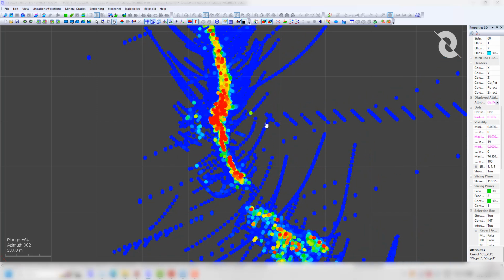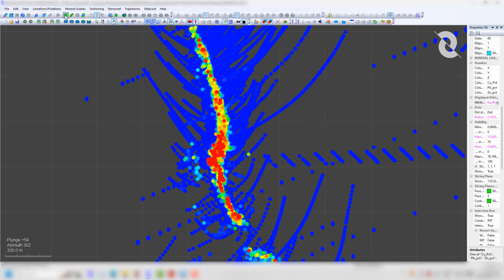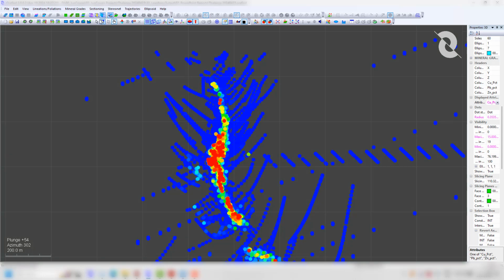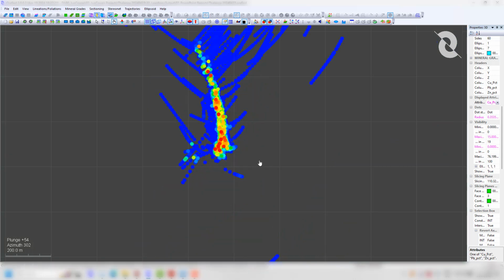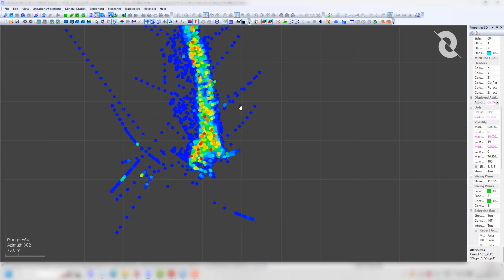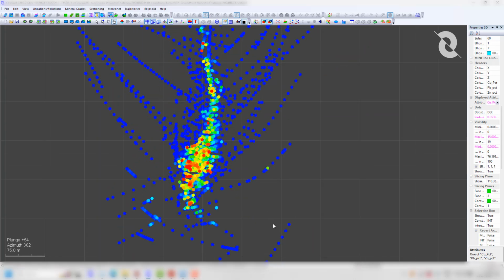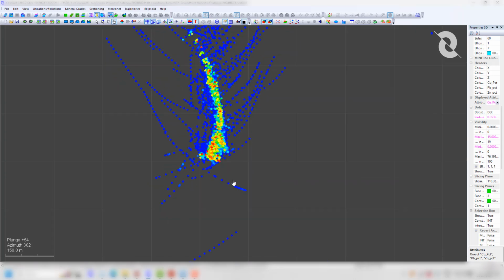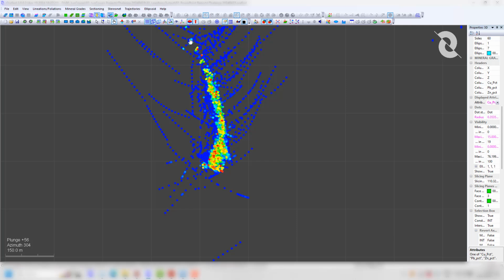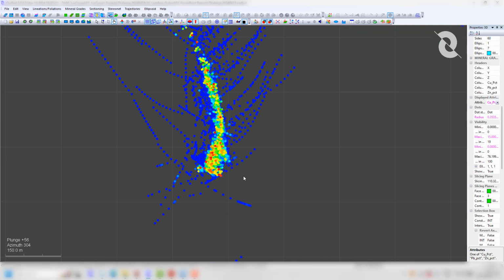And if I go over here, looking down plunge, here there's another possible candidate for a fold. So I suspect that this is parallel to a major foliation, and there are interfoliar folds within it.